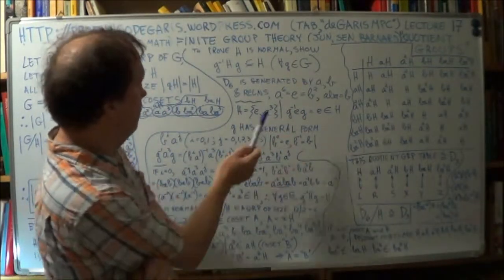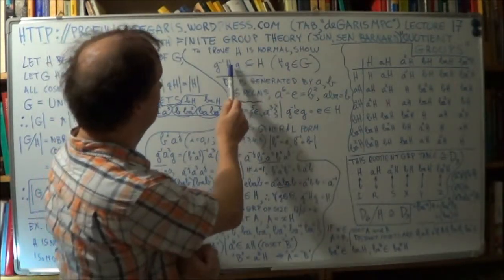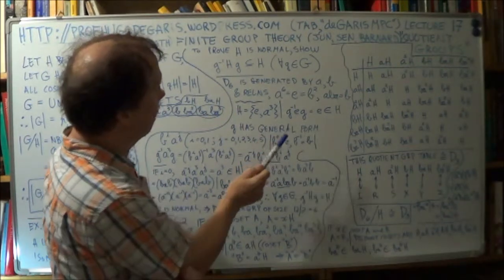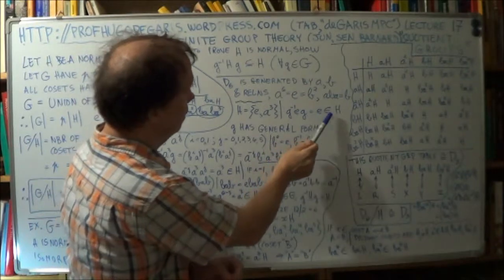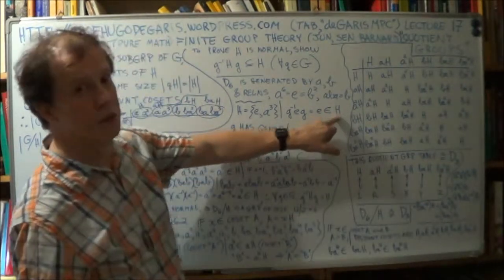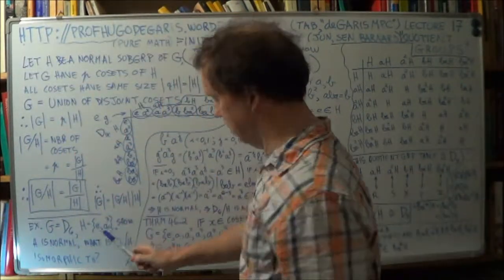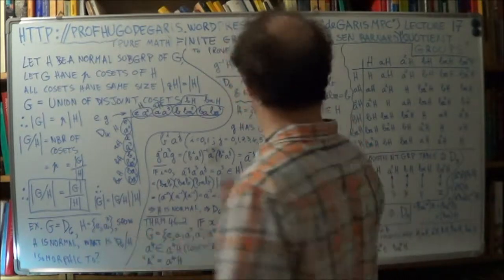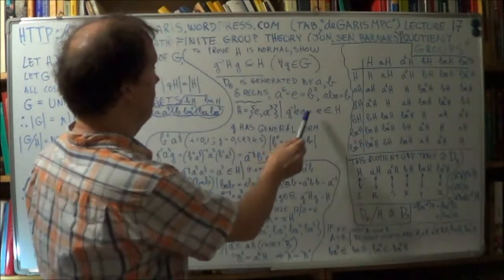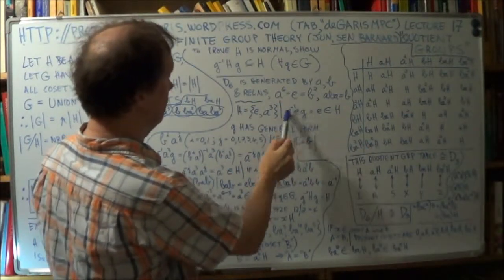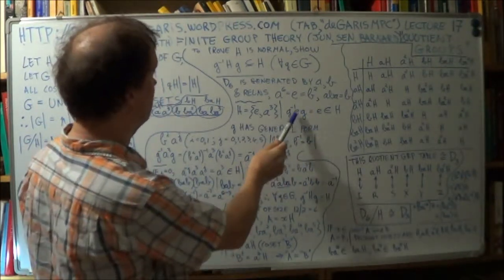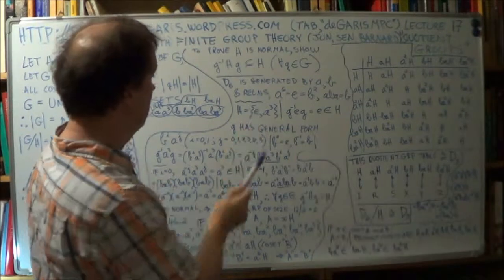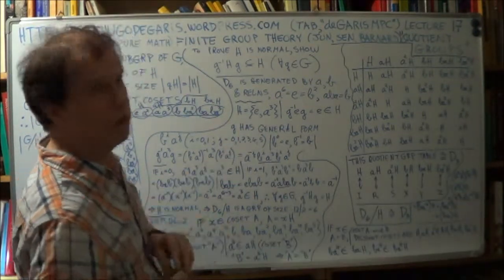Okay, so let's put E here. Now g inverse E g is just E, and E does belong to H. There it is. It's a member. So this belongs to H, in the case for that member. Now that was pretty trivial.